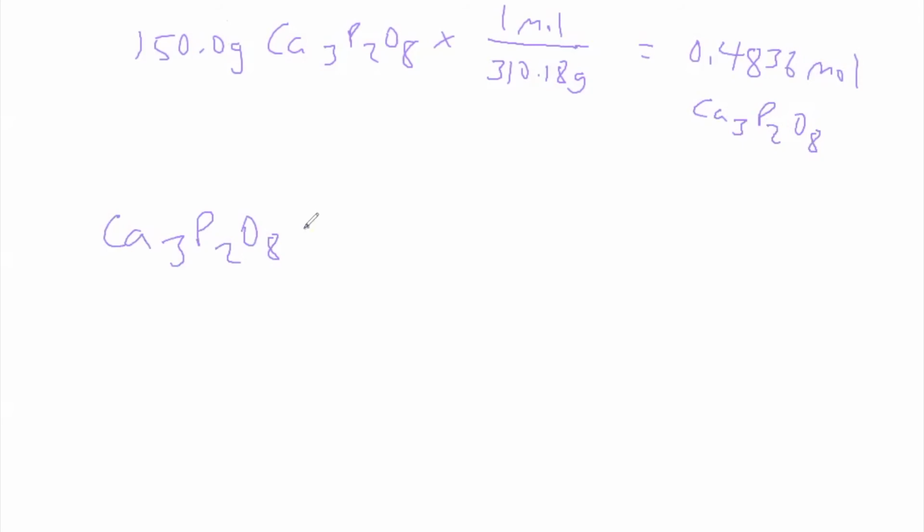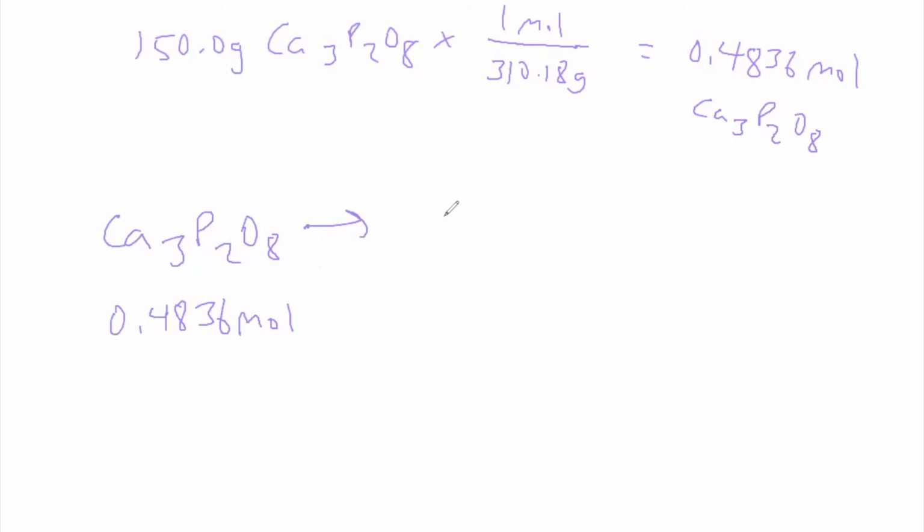I'll just write out the parts that we need. In this equation, we have one reactant, Ca3P2O8, which we know we have 0.4836 moles of. And we have two other reactants, H2SO4 and H2O, but we can ignore those for right now because we don't need those to answer the question. So I won't write those in, even though they are still there. It produces two things.